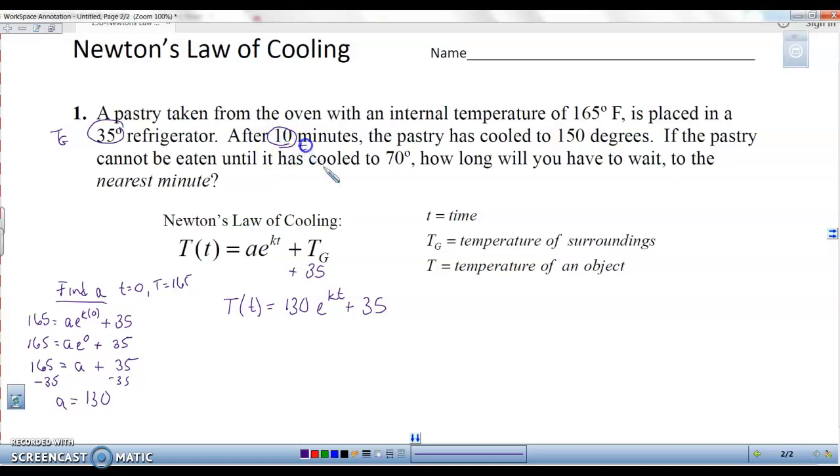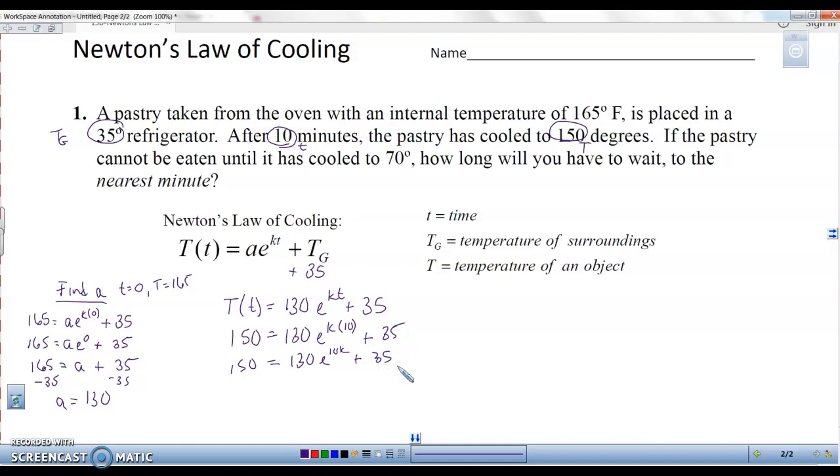So if we use t as 10, this would be the temperature for that. If we plug that in, won't that give us k? Yes, it will. T is 150 at that time, and I plug in the rest: e to the k times 10 plus 35. So 150 = 130e^(10k) + 35.